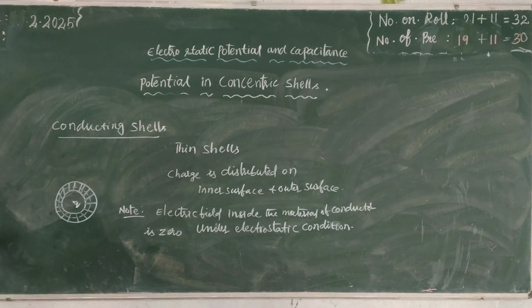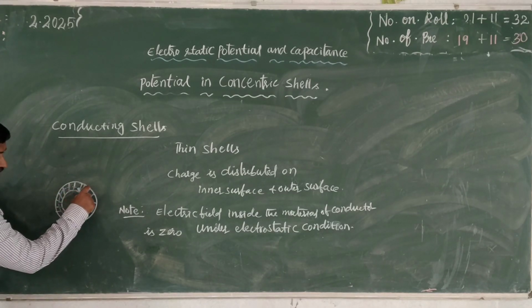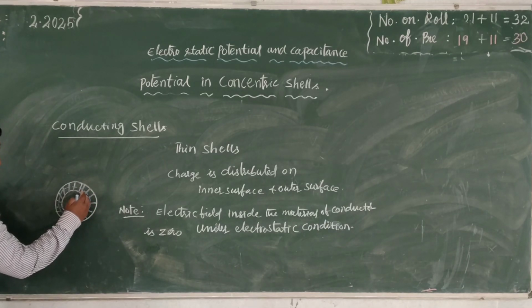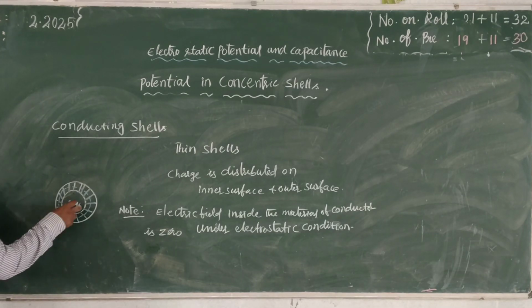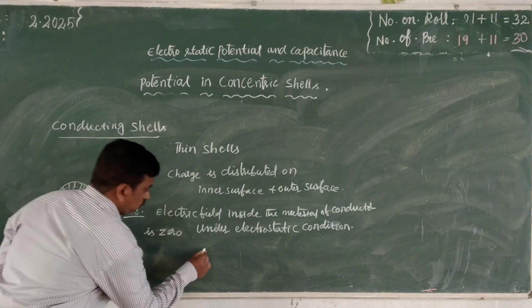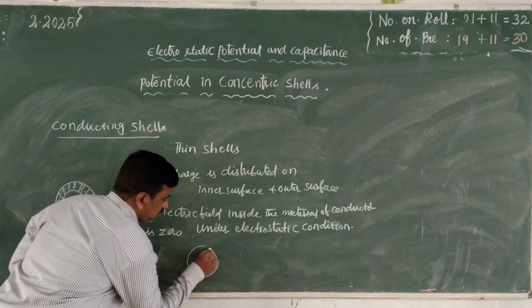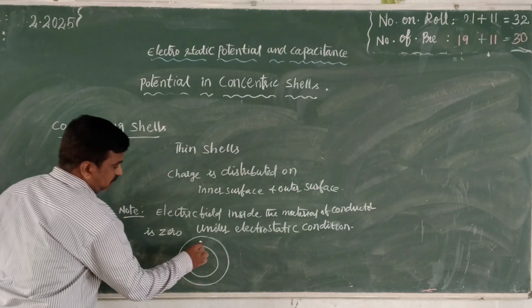This is the material of the conductor, so inside the material of the conductor it is zero. That's why the charge inside is also zero. So here plus q charge is there, here we can write minus q charge. See, I write here how the charge is distributed. It is the cell. Here we can select a Gaussian surface.